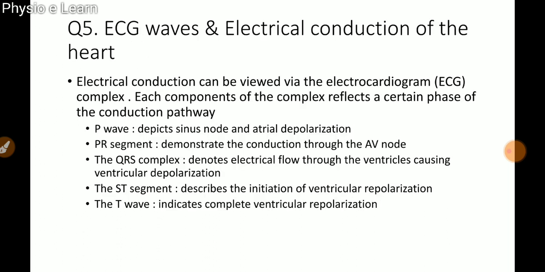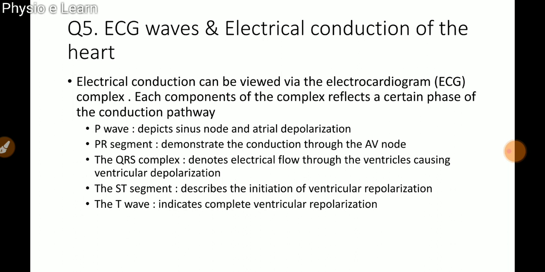Question number 5, ECG waves and electrical conduction of the heart. Electrical conduction can be viewed via electrocardiogram, that is ECG complex. Each component of the complex reflects a certain phase of the conduction pathway. Like P wave depicts SA node and atrial depolarization, sinus node and atrial depolarization.